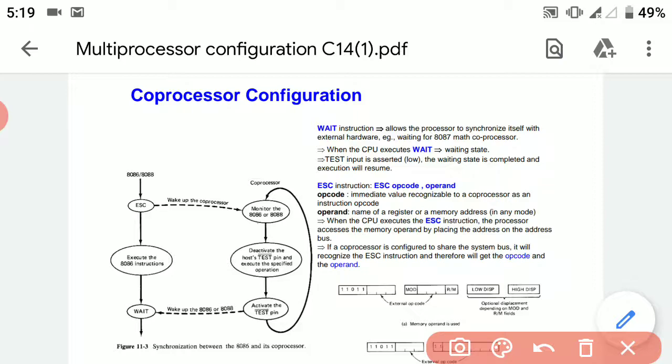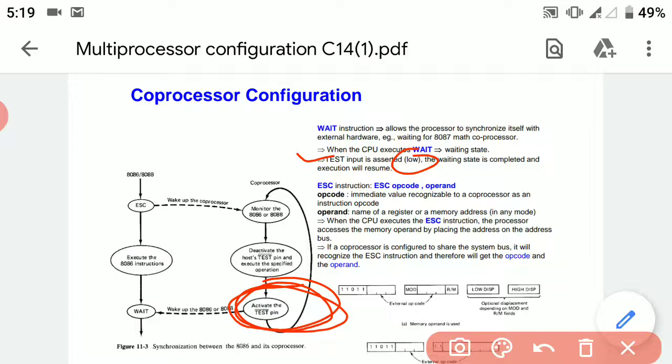After executing its instructions, the test pin is activated. That is, the test input is asserted low.